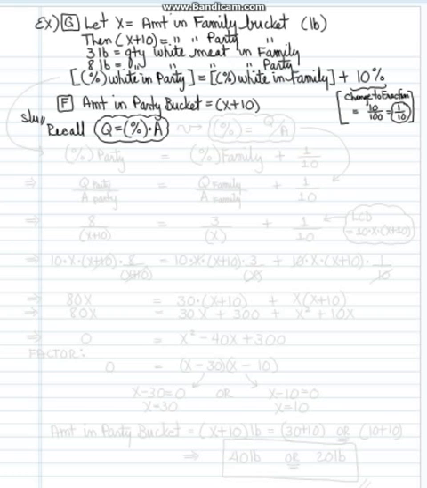Now we want to solve that for percentage. The percentage of white meat in the bucket is equal to the quantity of white meat in the bucket divided by the amount of chicken in the bucket.